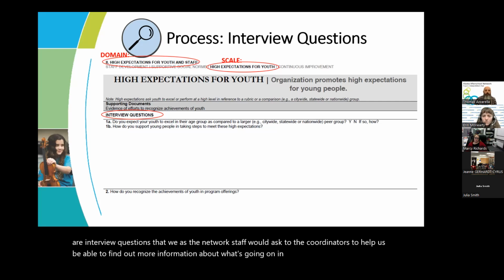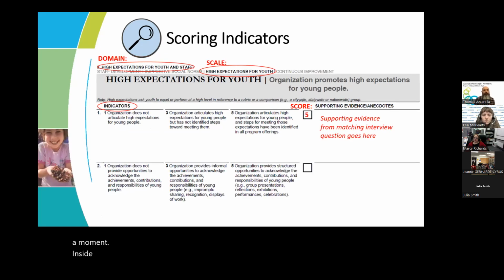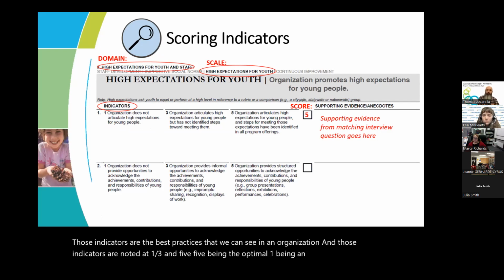Because you'll see in a moment, inside there are indicators. So for each domain, there are scales, and for each scale, there are indicators. Those indicators are the best practices that we can see in an organization. And those indicators are noted at 1, 3, and 5. 5 being the optimal, 1 being an area of growth or improvement.